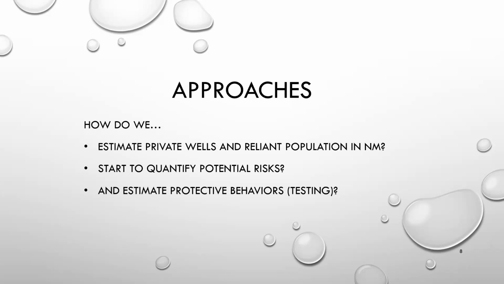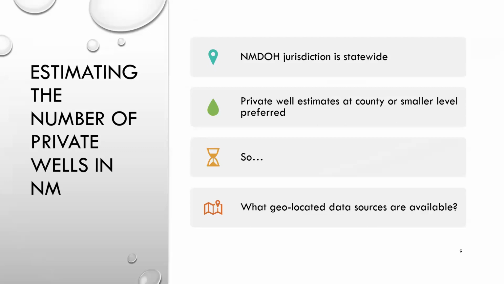And for this, I'm going to focus on testing. So in New Mexico, the Department of Health is centralized, so our jurisdiction is statewide. And we wanted to have estimates at a smaller geography and decided to focus on county because we do have some counties that have less than 20 known permitted wells.